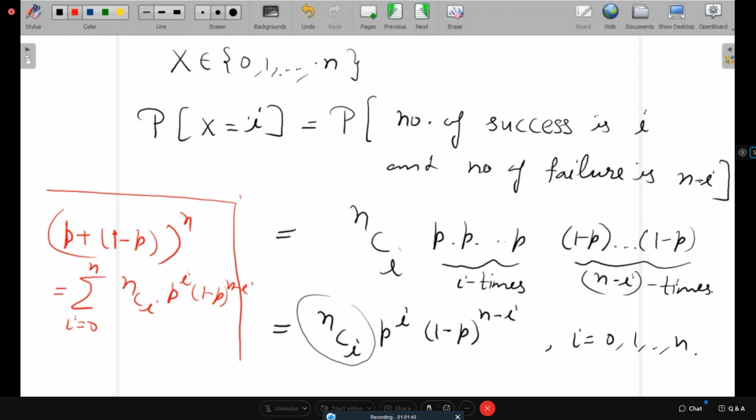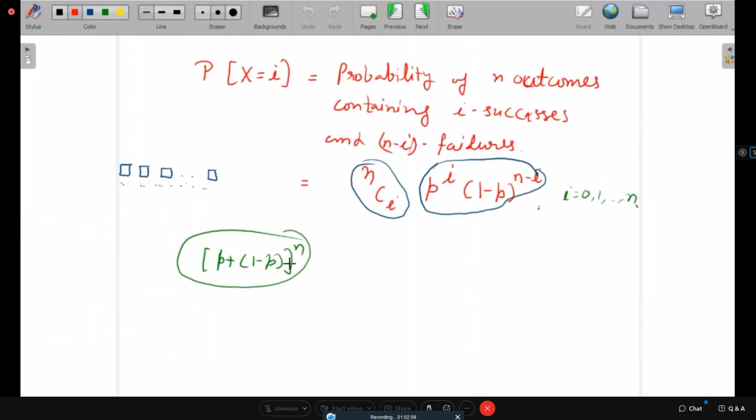And the left hand side is nothing but 1. So the total probability, probability of x equals 0 plus x equals 1 and so on up to x equals n, is equal to 1. It will give you that also. And this n choose i is the binomial coefficient of this expansion. This is why it is known as a binomial random variable. So this is now explained.